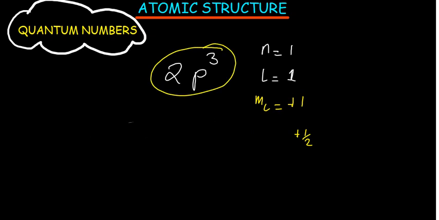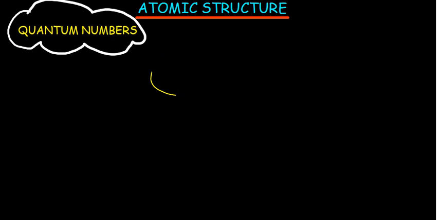We can describe another one. Let's say we've been given the 3p5 electron. The first quantum number is the principal quantum number, n, which is equal to 3. That's the number in front. The next is L. If you see p, that means L is equal to 1.